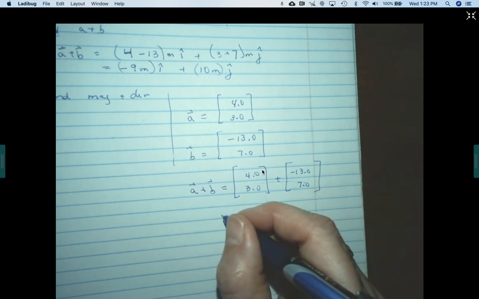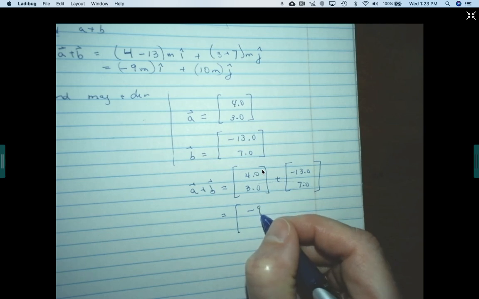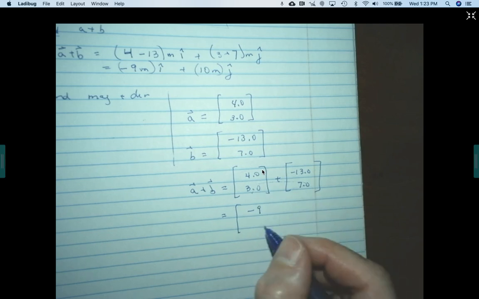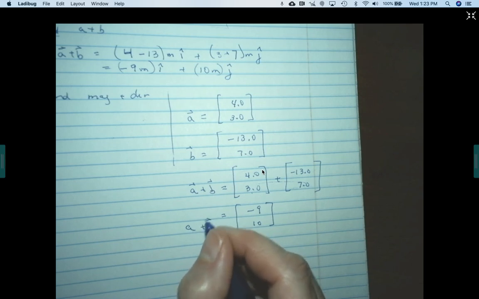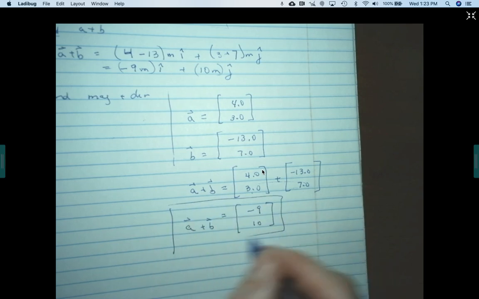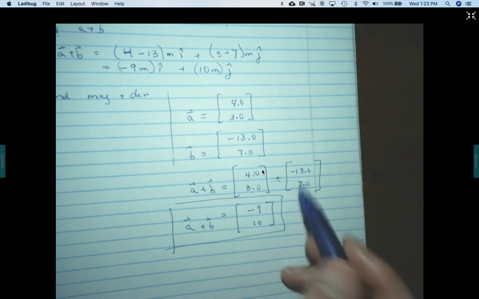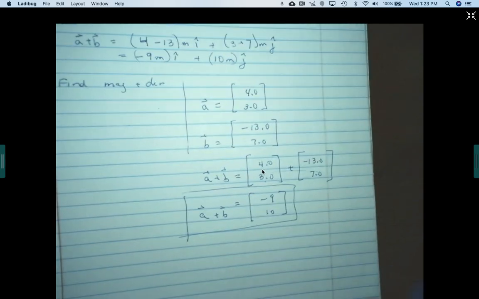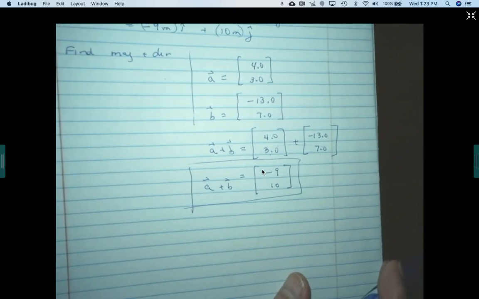So we would get on the top, again, our 4 minus 13 is minus 9, and then 3 plus 7 is 10. So A plus B, we could write equivalently like this if we want to use column vector notation. And I think this is just a lot more compact than trying to keep track of all my i's and j's. But you can try it both ways and see which one you like better.